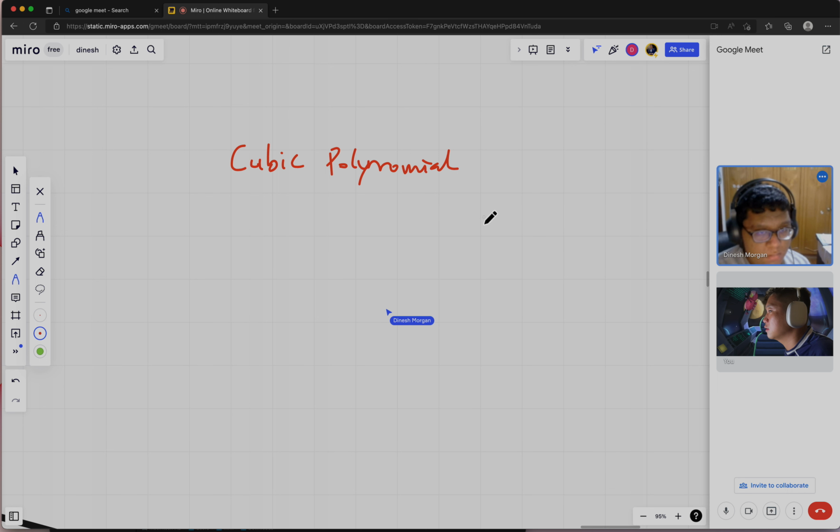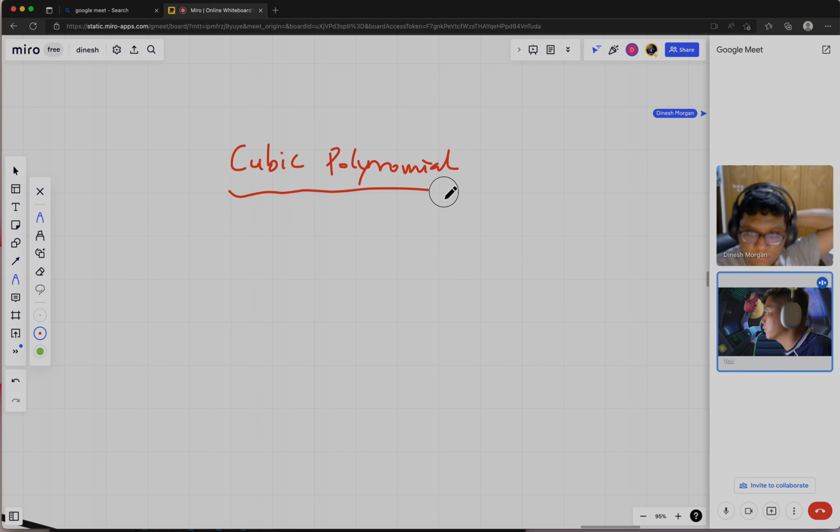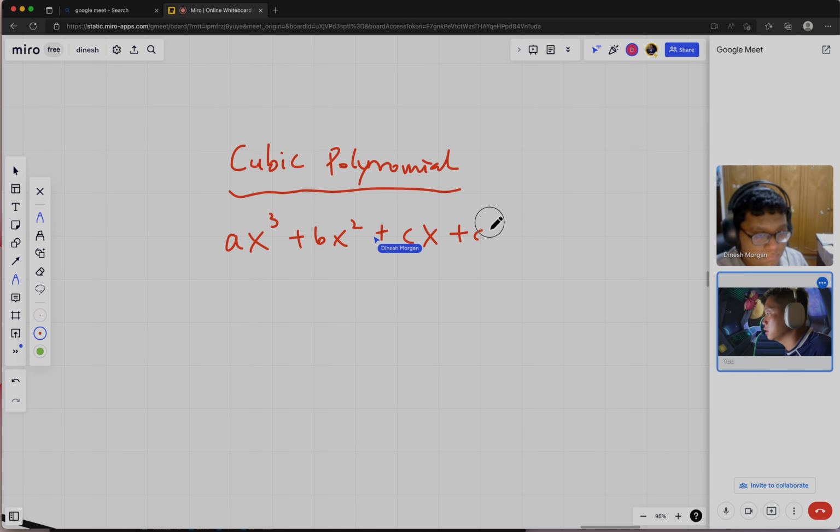They give you a factor. So for a cubic polynomial, I guess this is a very popular question for your level. They look like ax^3 + bx^2 + cx + d. So this is the cubic polynomial you should look for.